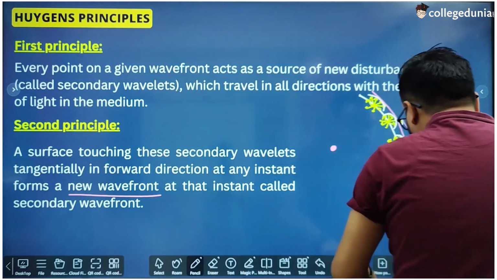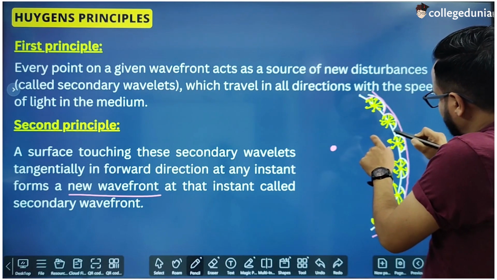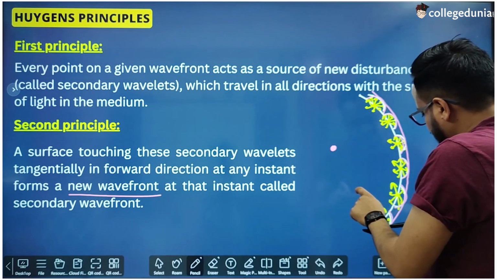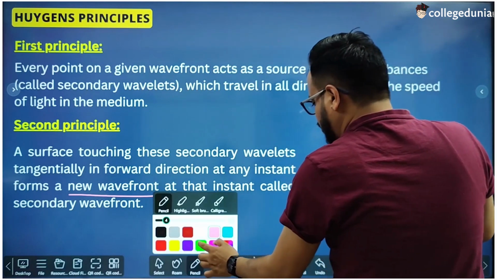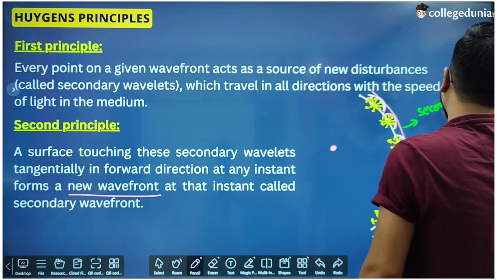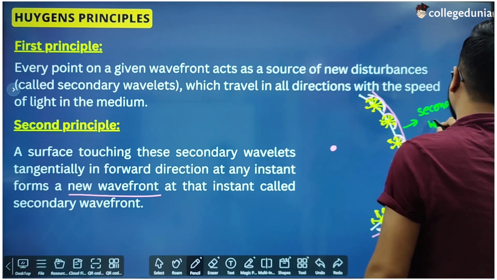So this will be a new wavefront. And that wavefront is called the secondary wavefront, right?